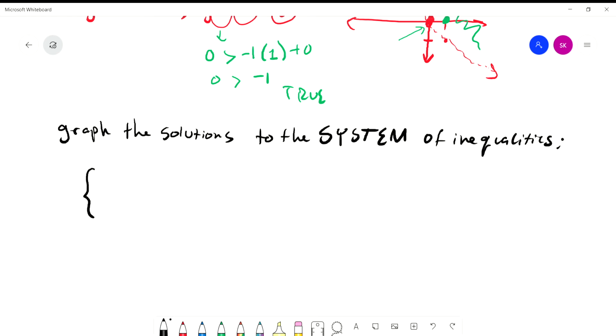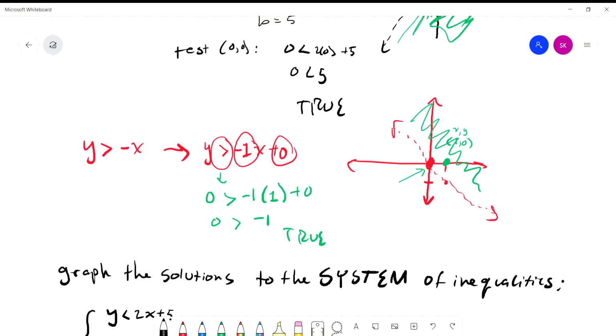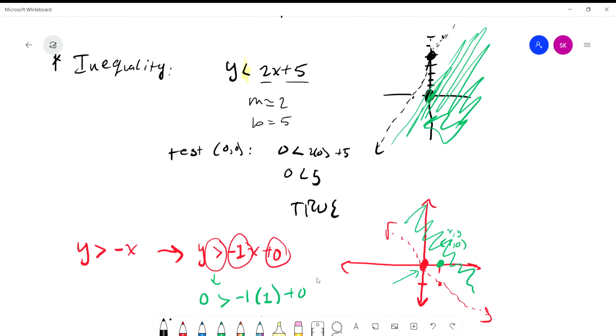And let's say that we have the inequality y is less than 2x plus 5 and y is greater than negative x, which we just saw each of these graphed individually right up here, right?